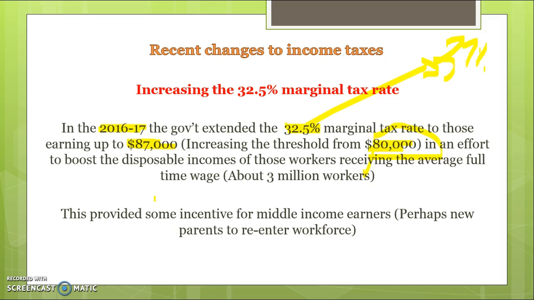So it works out to be around 0.045 times 7,000, which is a tax cut of around $300 for around 3 million workers. This provides an incentive for middle income earners and high income earners to potentially re-enter the workforce because they're going to be paying a lower rate of tax. So that's an incentive for particularly middle and high income earners. It doesn't really affect low income earners.